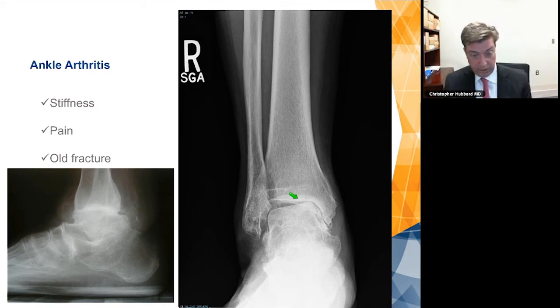Again, it's important to get the weight-bearing view on the X-ray to see the alignment. In this X-ray, you see the tilt and the difference in space. This is a typical patient who's had chronic ankle instability, where the ligaments have stretched out, and he's had repeated sprains and has worn down that inner or medial ankle joint.